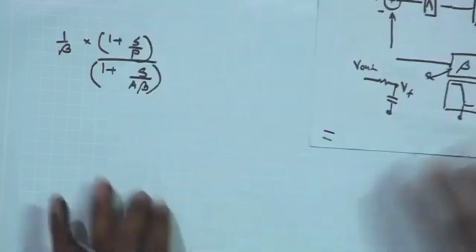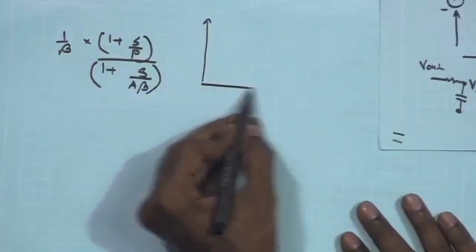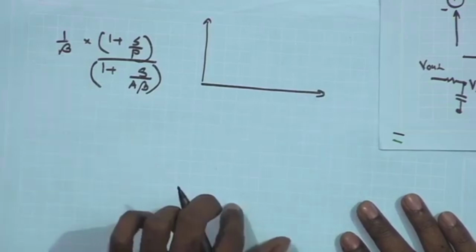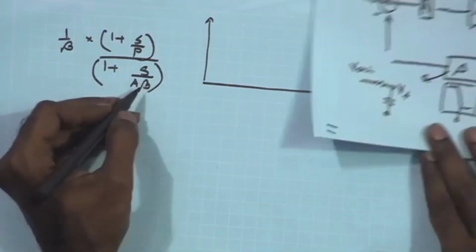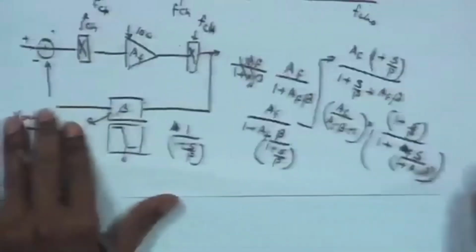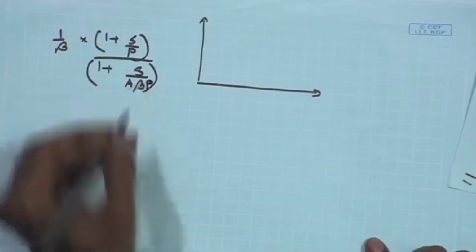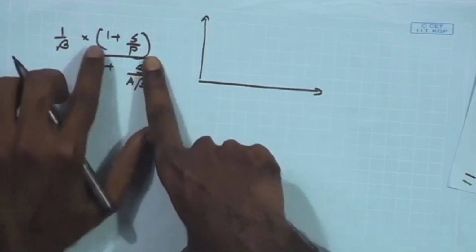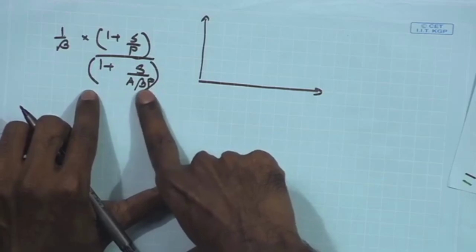Now, what is this behavior? If I try to understand this, you have the pole P, and I also have a pole at AF beta times P. So in the denominator, when you bring it down, you have s upon p times 1 plus AF beta. Now, if I look at the two poles P and AF beta times P, AF beta is much larger.